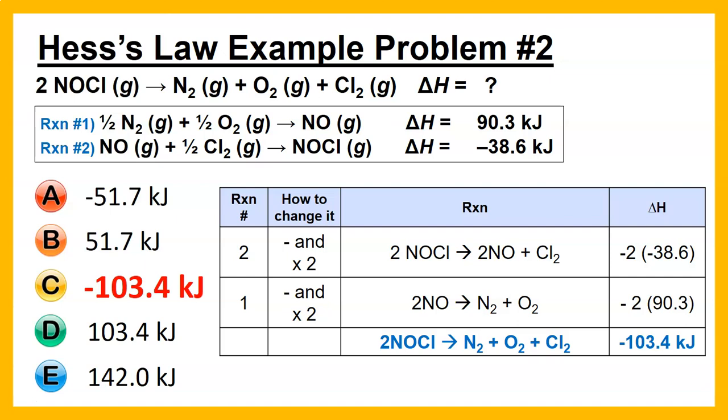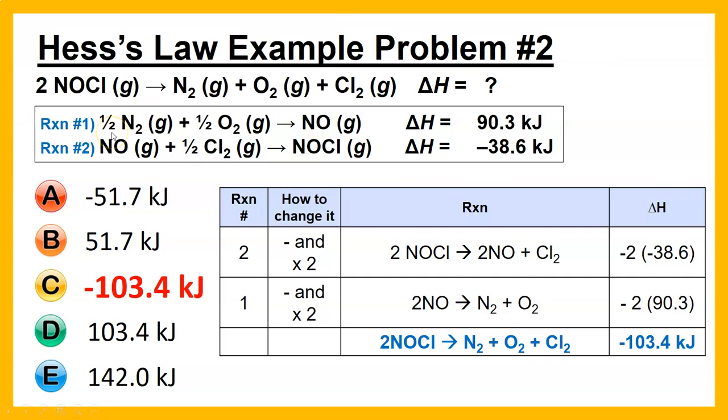So the way I did it is I looked and said, okay, I'm trying to get this as a reactant. If I flip reaction 2, it will be on the correct side. But I need 2 moles, and this only shows me 1 mole, so I'm going to have to multiply it by 2. Then I'm trying to get nitrogen and oxygen to be products. So if I take reaction 1 and I flip it, they'll be on the correct side. So that means I need a negative sign, right?